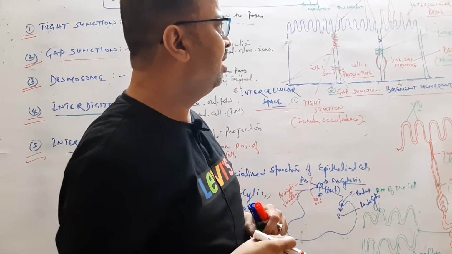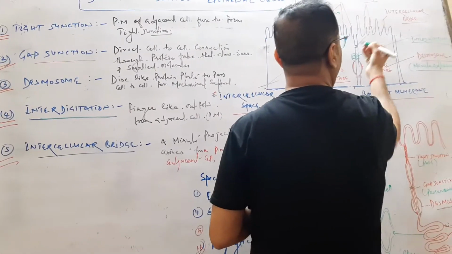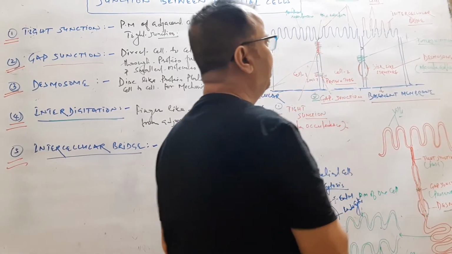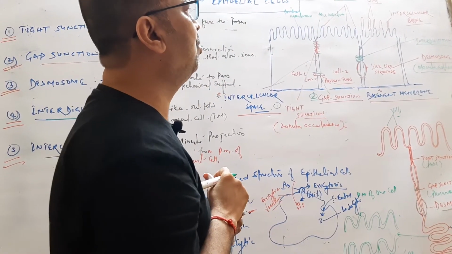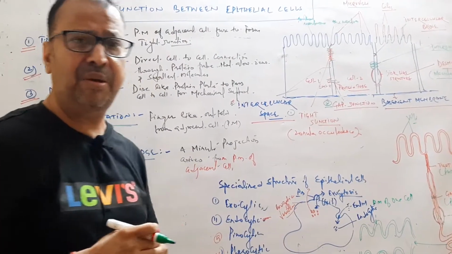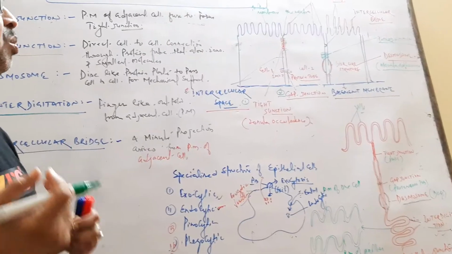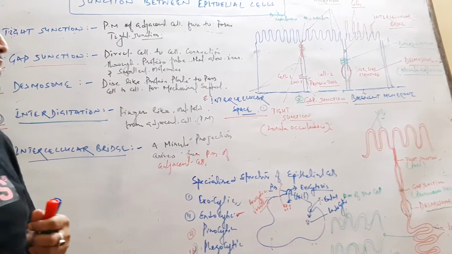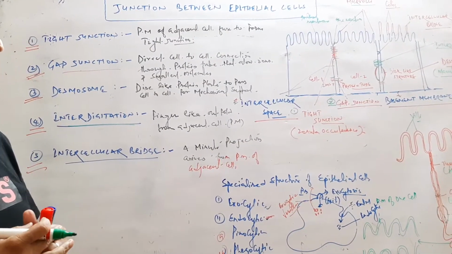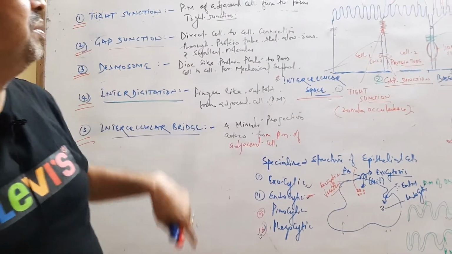This is called interdigitation, and a small outgrowth or projection from the cells is called an intercellular bridge. So these are the junctions which connect the membranes of adjacent cells and help in transport, exchange, flow, etc. This is all related to junctions between epithelial cells.